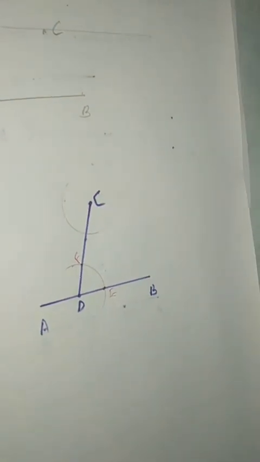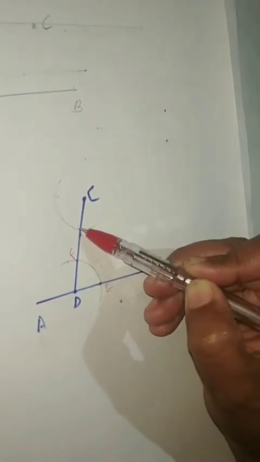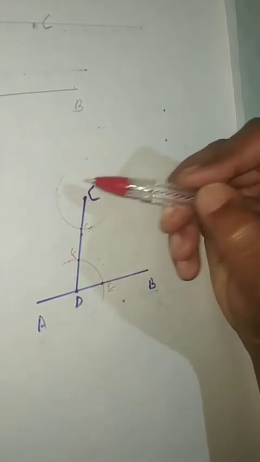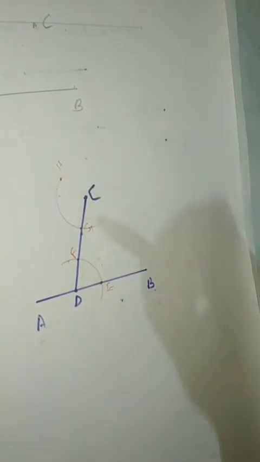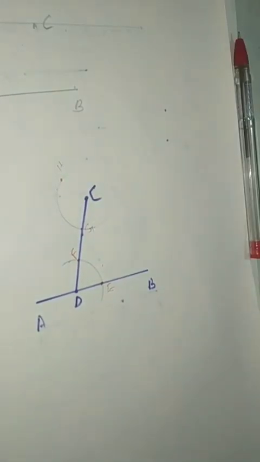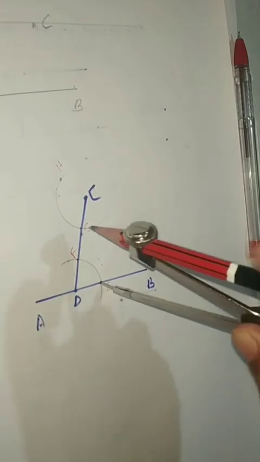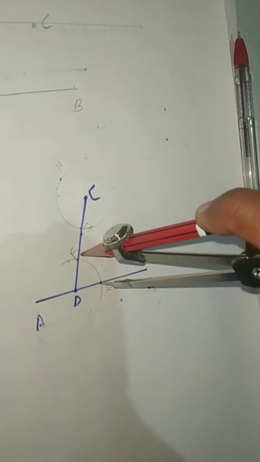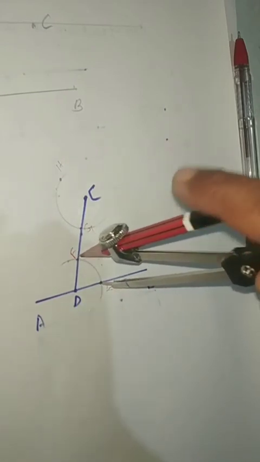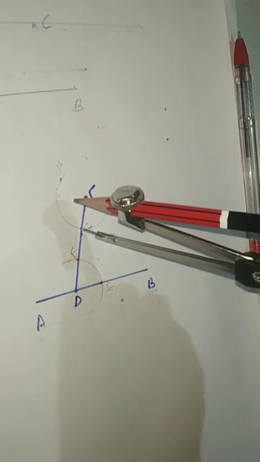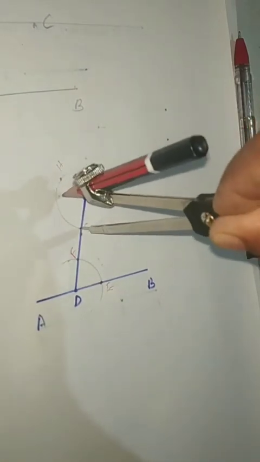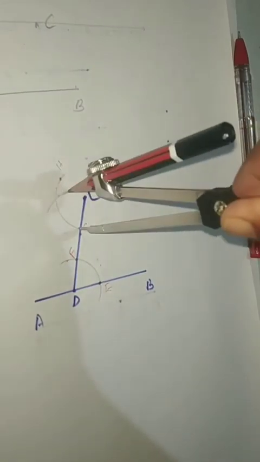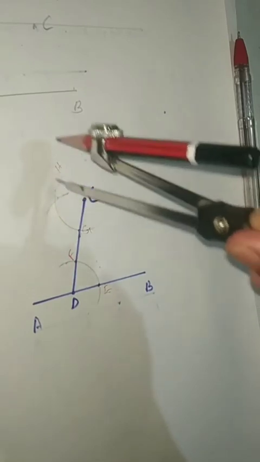We can name the joining points G and H. Then we have to take the distance from E to F. Then keep this compass point on G and cut GH. Draw a small arc on the big arc GH.